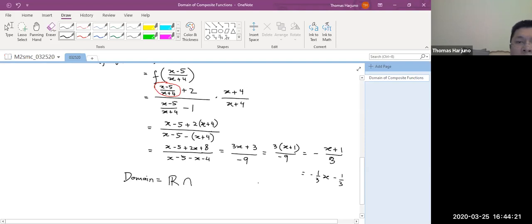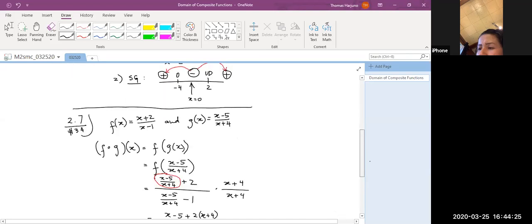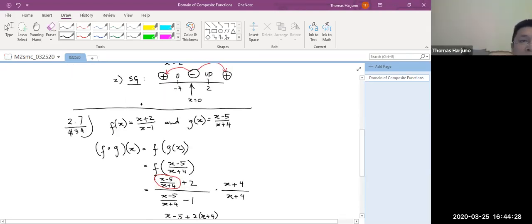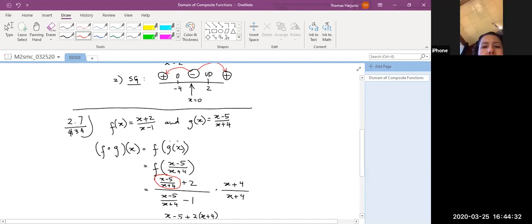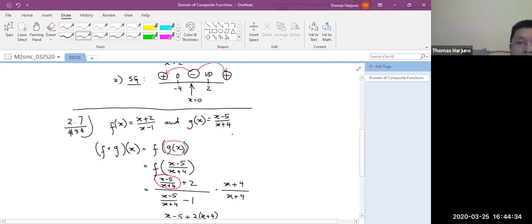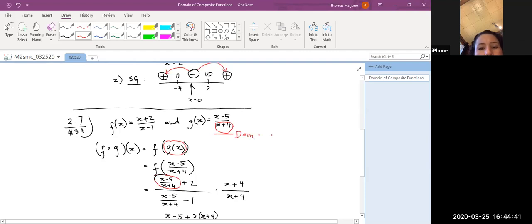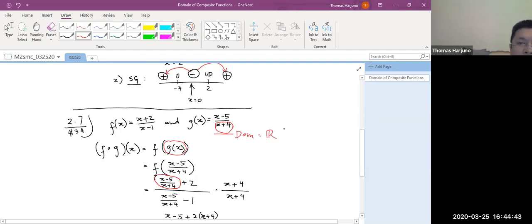However, I need to look into also the domain of the incoming function, the domain of g(x). Now the domain of g(x) will be all real numbers but -4.